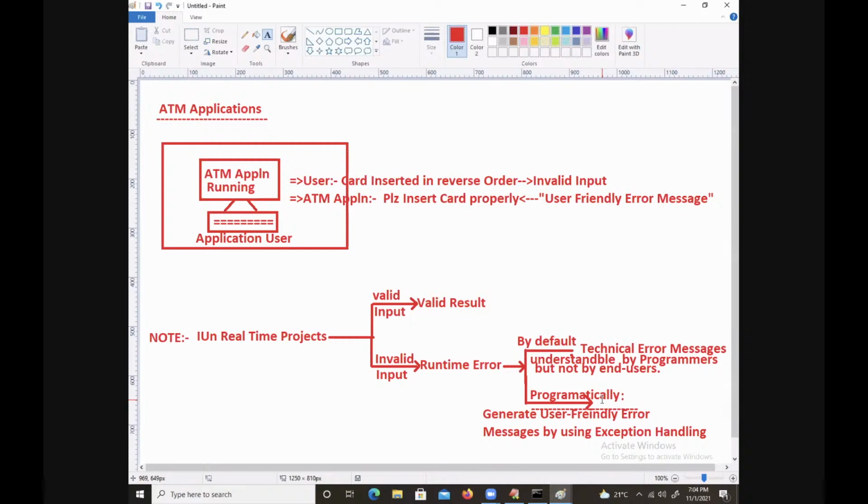Users cannot understand. But ultimately, you are developing the project for the ease of end users, so you need to give end-user related messages. To generate user-friendly error messages, you must learn the exception handling programming technique.